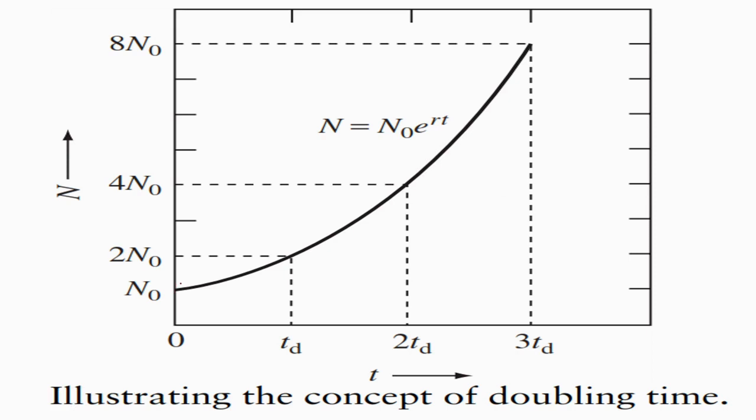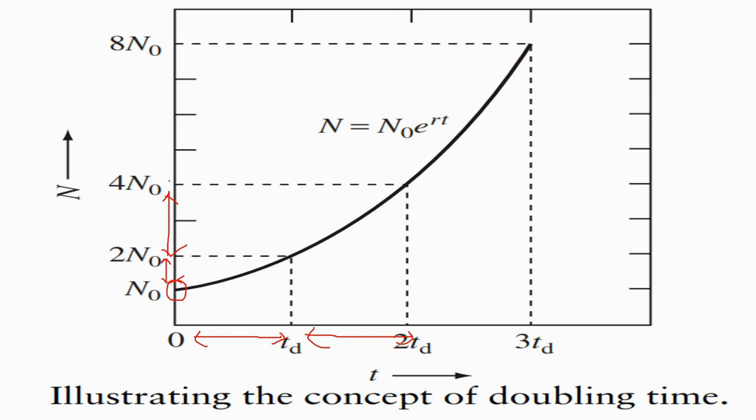The initial amount was n0. So it takes, when it becomes 2n, when it is doubled, this much amount of time, and from 2n to 4n, that is 2 times of 2n, the amount of time is here also the same as the first doubling.